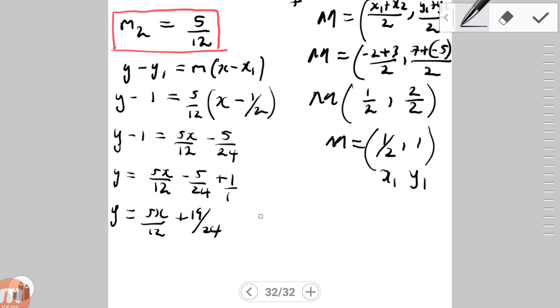Right, so if you wanted this in the standard form, pardon me, then we could say 24y. When you multiply this by 24, you're going to find that this is going to be equal to 10x. And when you multiply this by 24, you end up with 19. So naturally now, our equation is going to be minus 10x plus 24y minus 19 equals 0. That's going to be the equation of the perpendicular line in the standard form.